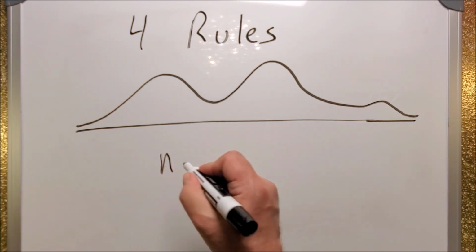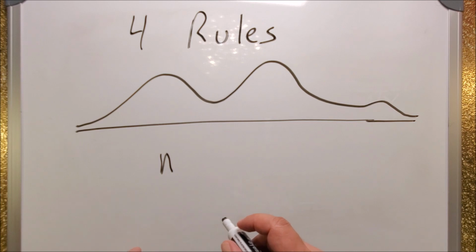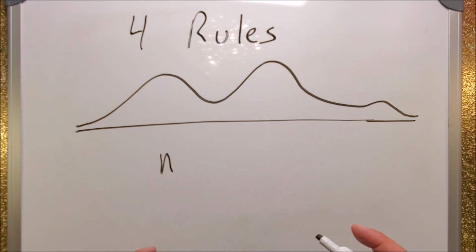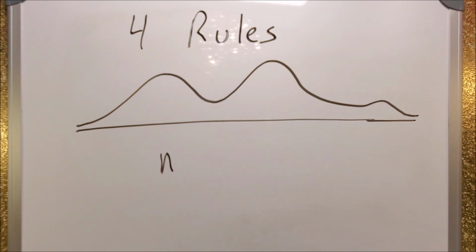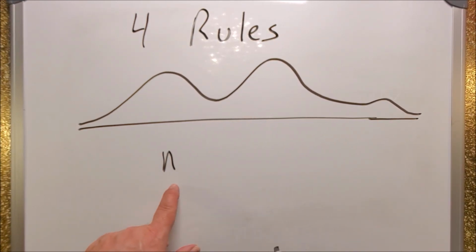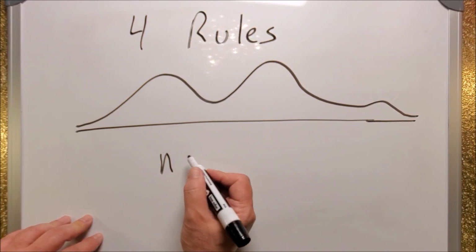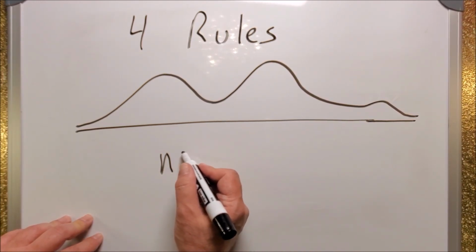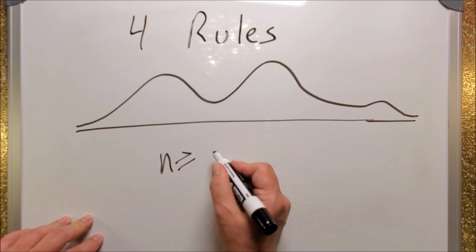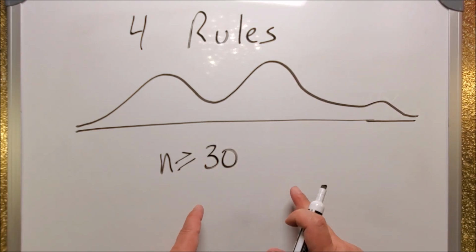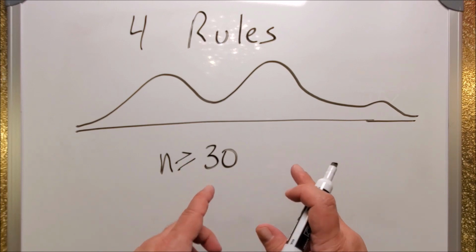If your sample size is sufficiently large, then you're going to end up getting a normally shaped sampling distribution. Now, for that n to be large enough, it doesn't have to be that huge. As long as n is equal to or greater than 30, you're going to have a normally shaped sampling distribution.